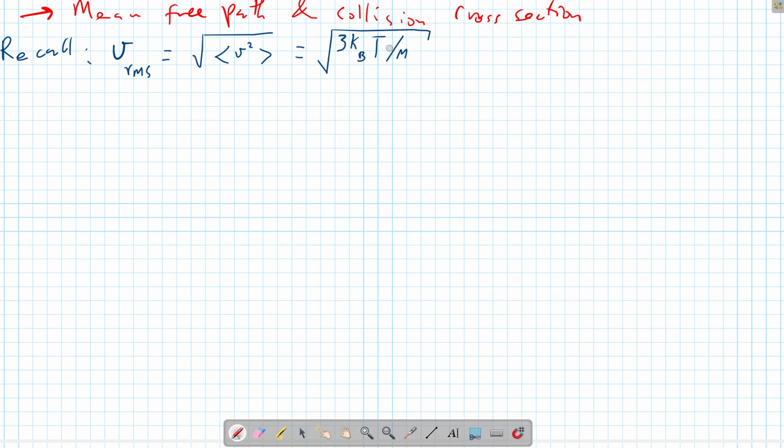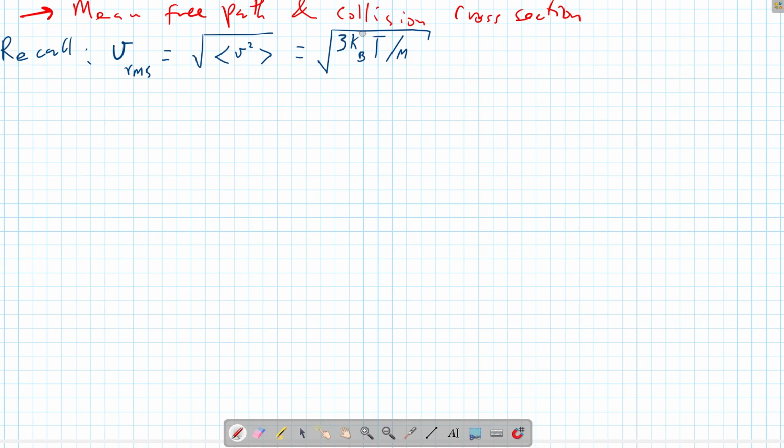What does this mean actually? If one considers, let's say, a molecule like oxygen or nitrogen, the mass is known, and one considers such a gas of oxygen at room temperature, so T is also known.